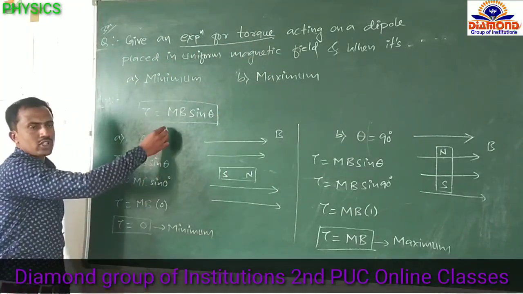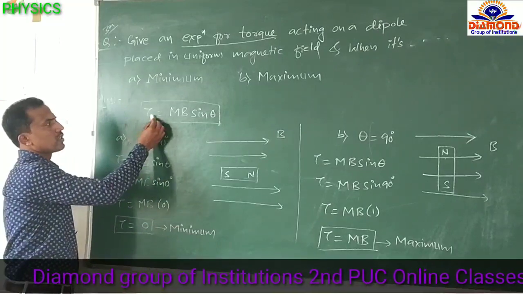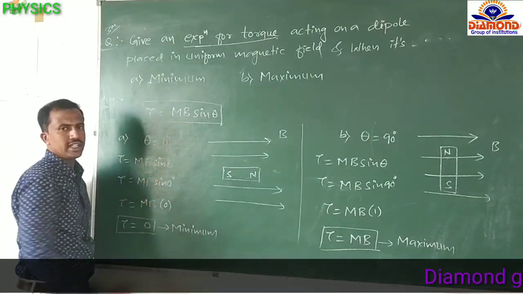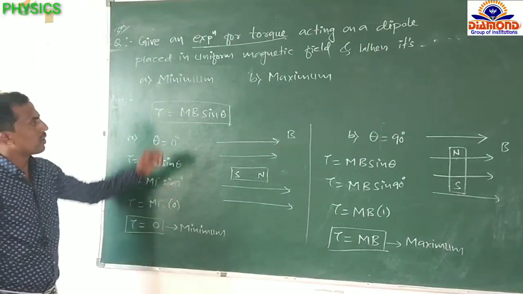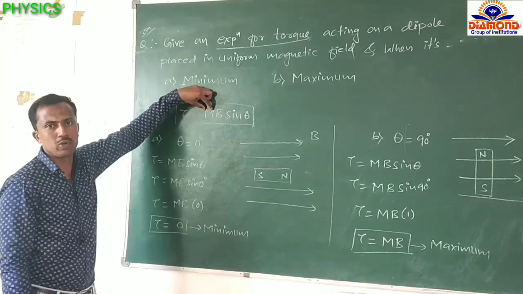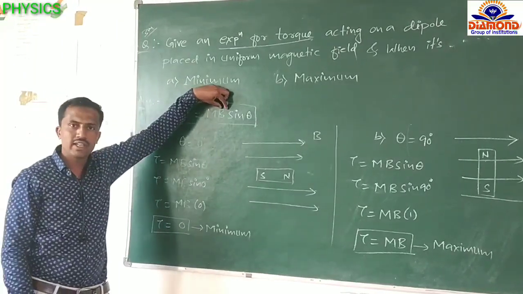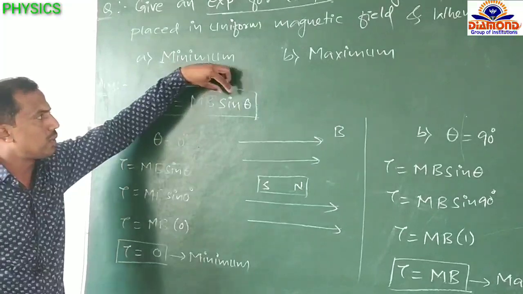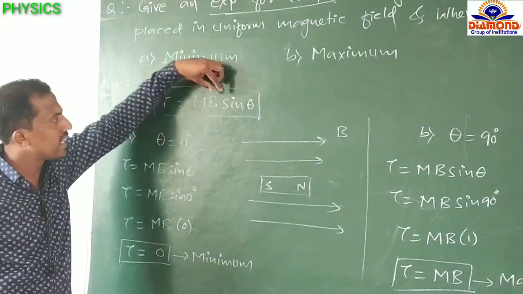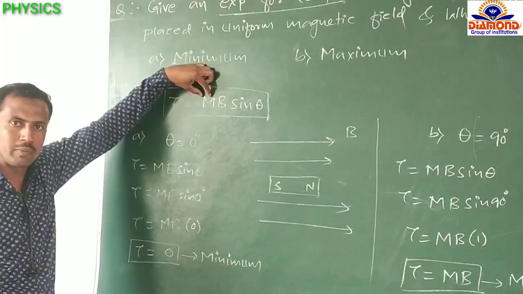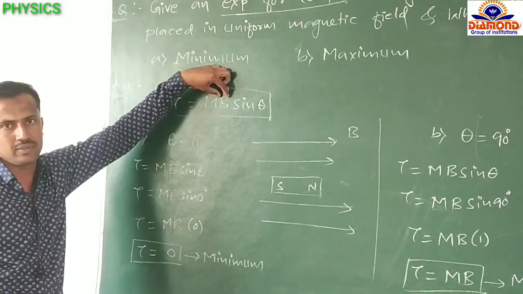What is the expression for torque? Just as we discussed, torque tau equals MB sin theta. What is M? Magnetic dipole moment. What is B? Magnetic field. What is theta? Theta is the angle between magnetic dipole moment and magnetic field.